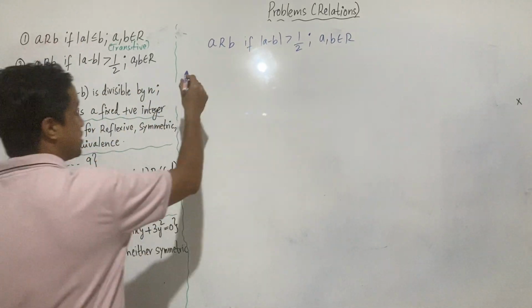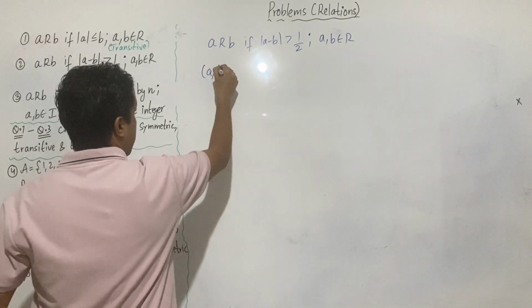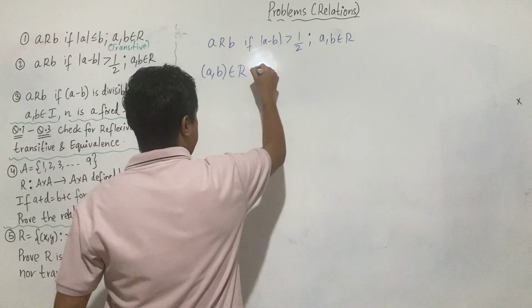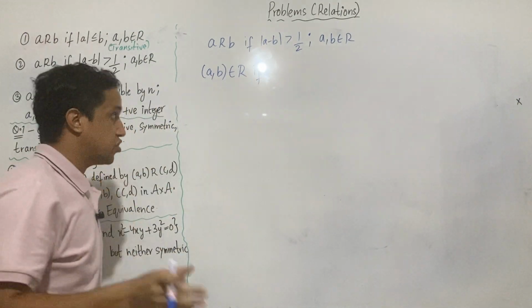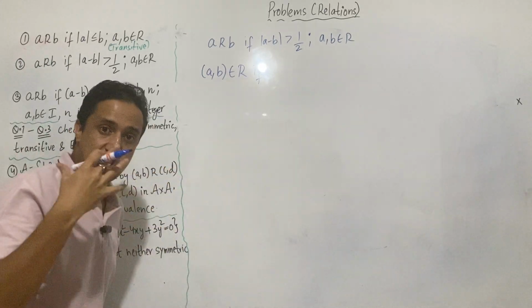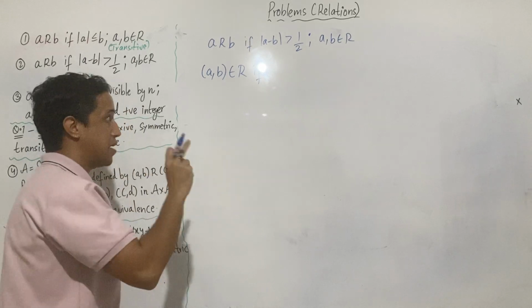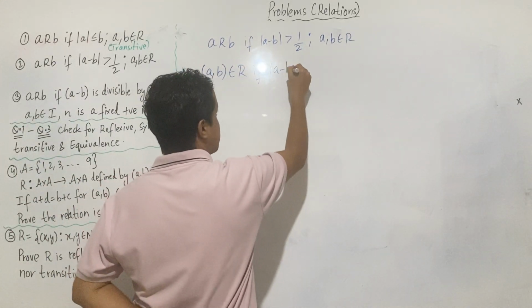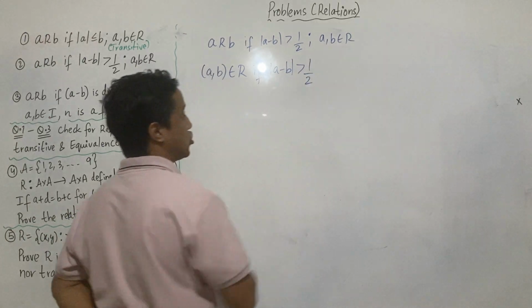What does it mean? It means that the relation is defined as: (A, B) belongs to the relation if, so this relation is going to be the set of those ordered pairs (A, B) which satisfy this thing, mod of A minus B is greater than 1 by 2.